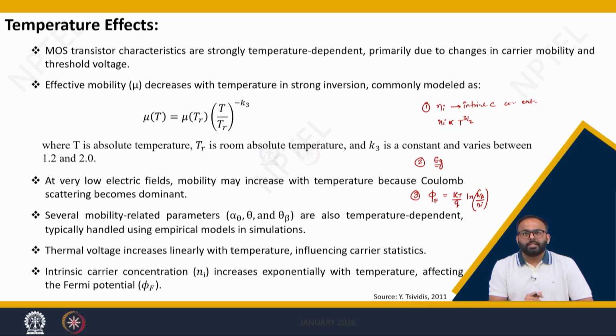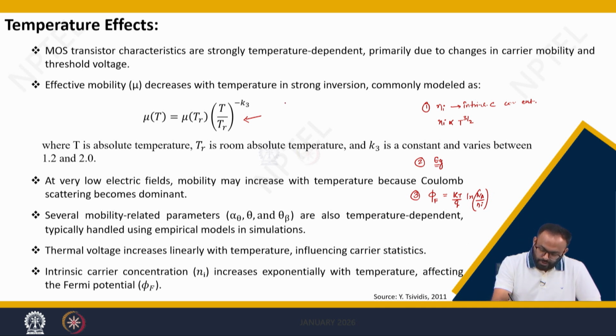As far as the MOSFET is concerned, the important concern is all about mobility, because we have seen that mobility is captured by different scattering events, and when you increase or decrease the temperature, these scattering events will be altered.